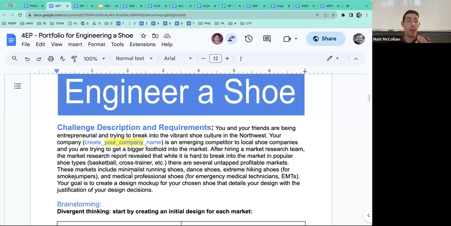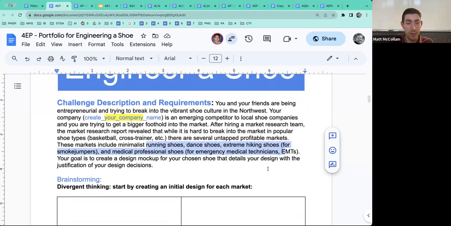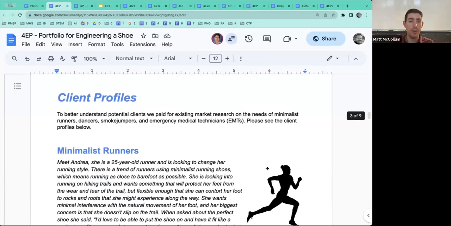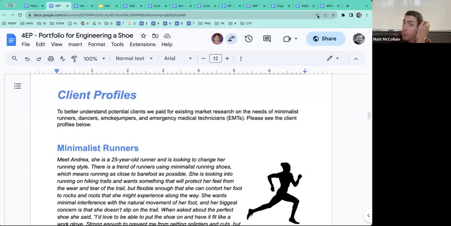But there's a really big and popular market in basketball shoes and cross trainers. So the idea is that there are other markets that don't have very many that are still easy to break into. And so actually, I think it's probably better to scroll down. And so they choose those and they have some client profiles.